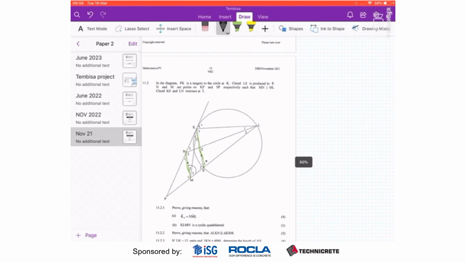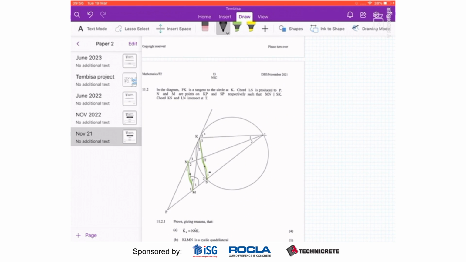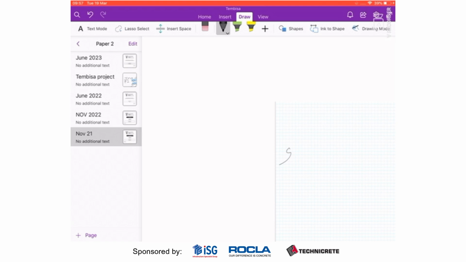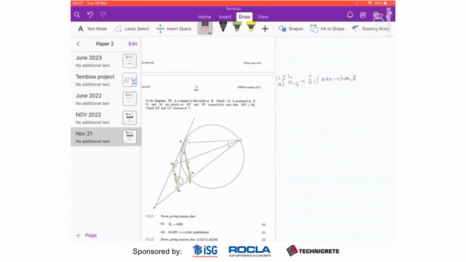So let's write that out. Question 1.1a. I said K4 is equal to angle S1. My reason is tan-chord.